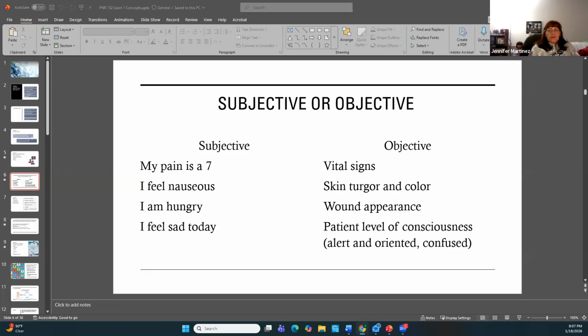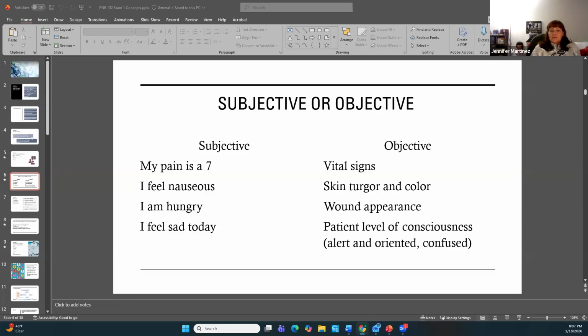Those are subjective, those are symptoms. Whereas your objective information are signs. These are data that the nurse can verify. So things we can see, touch or feel, hear, smell. We're using our senses.